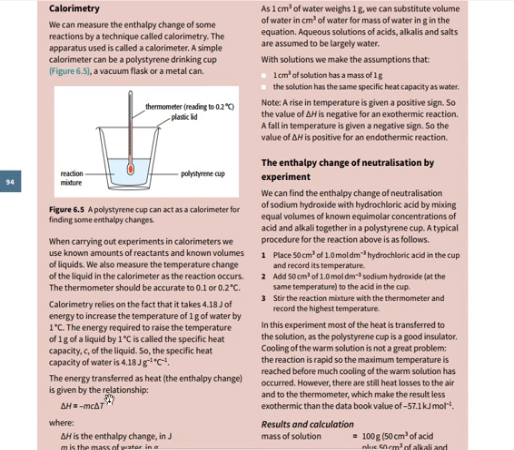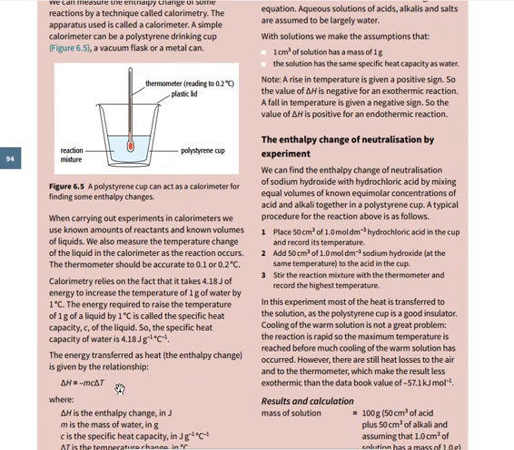mc delta theta, and this theta is the temperature change in this medium. You take the final temperature minus the initial temperature, and you have the temperature change. So the heat is mc delta theta, where m is the mass of this mixture, given in grams. You have a specific heat capacity.